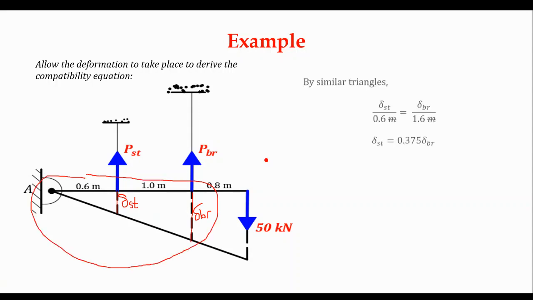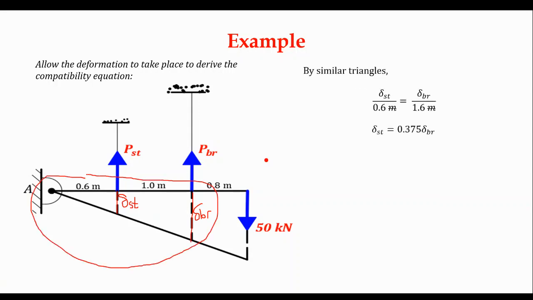So we can have the deformation or elongation of steel over 0.6 is also equal to the deformation of bronze over 1.6. So therefore guys, mao ni ang ilang relationship. The deformation of steel is just equal to 0.375 the deformation of bronze.